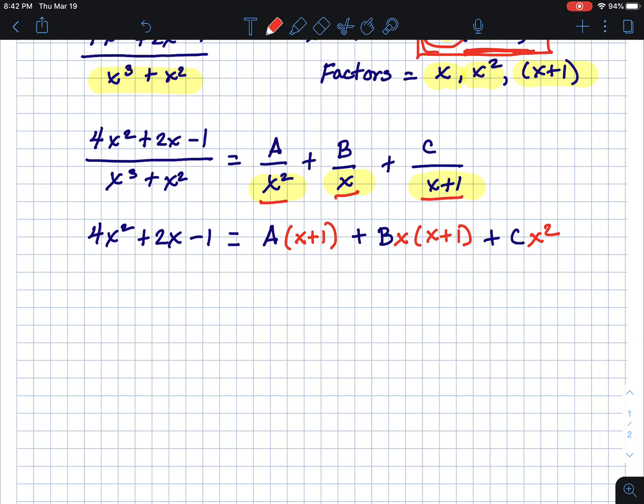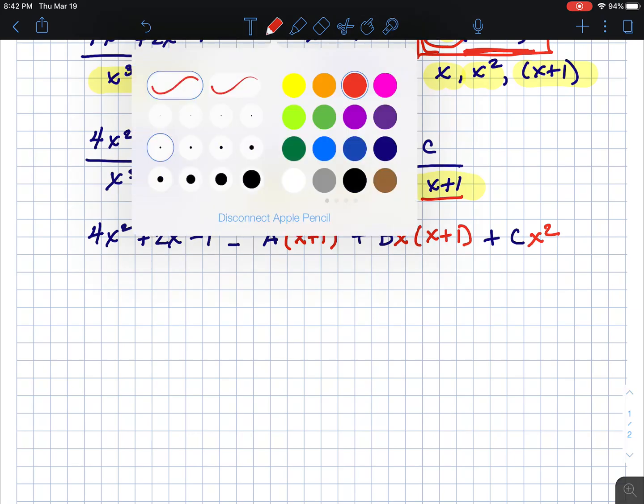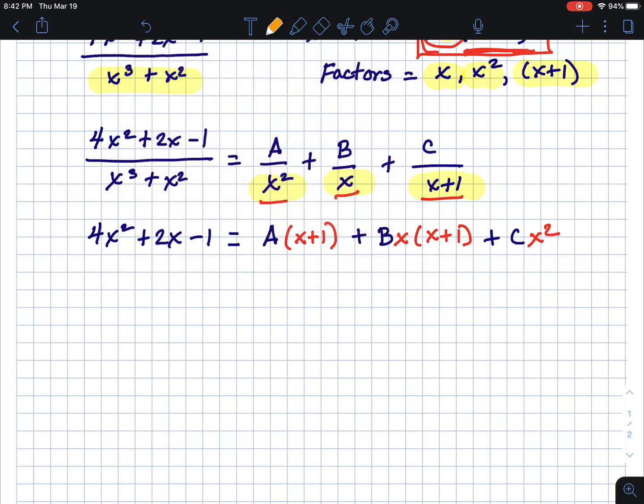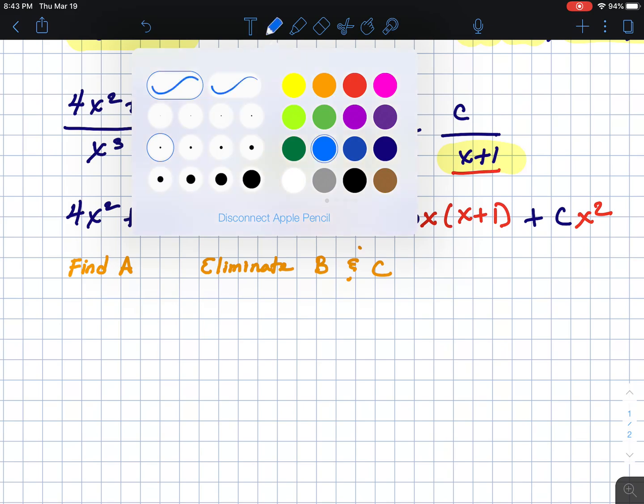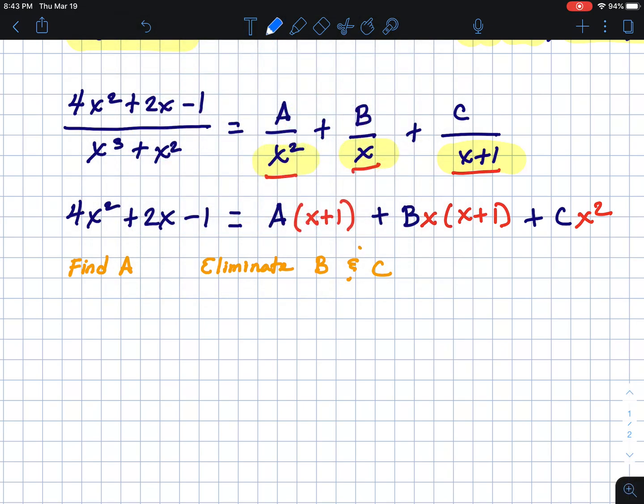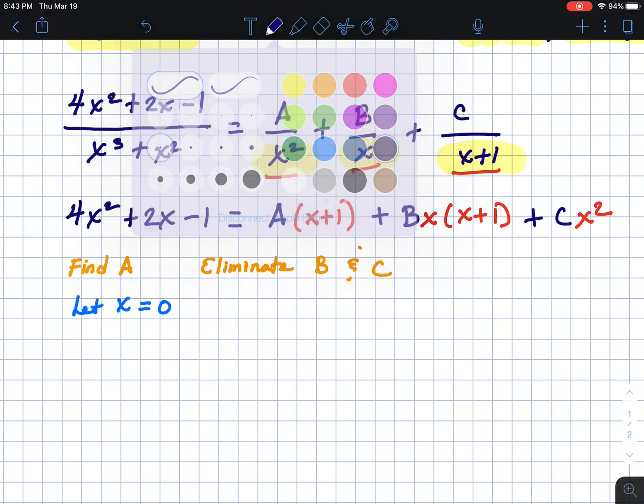Okay, so let's start out with finding A. That means first we have to eliminate B and C. So I'm going to let x equal 0, because that will eliminate our B and C. So we'll plug it in.